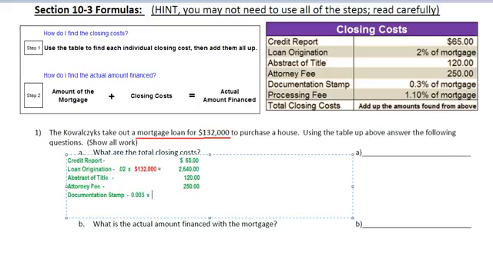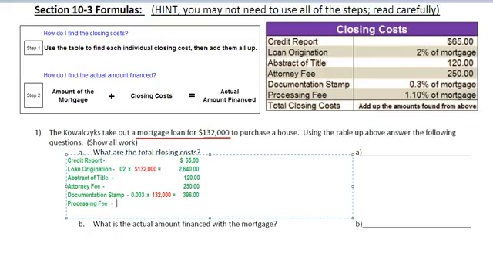And once again, I will use the mortgage amount. So, I've got that all written out. And now I multiply it. And what I get is $396. Now I can do the processing fee.